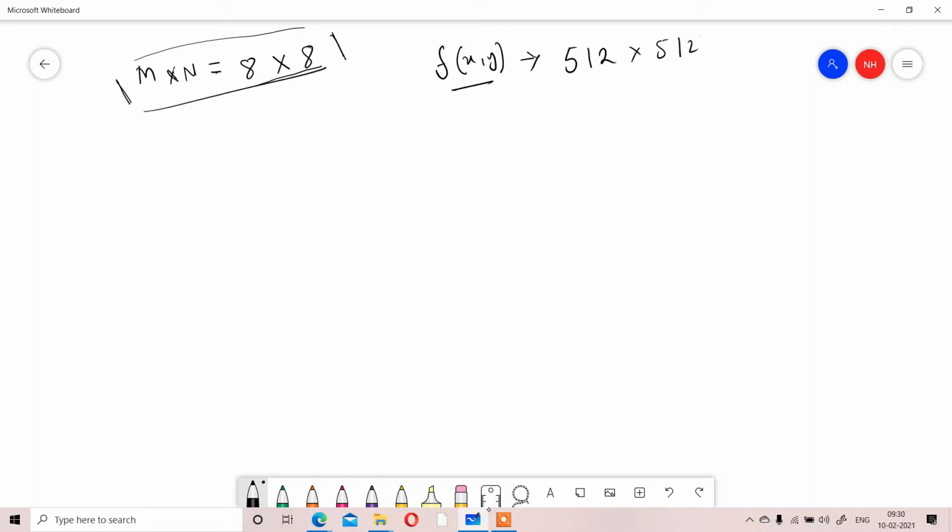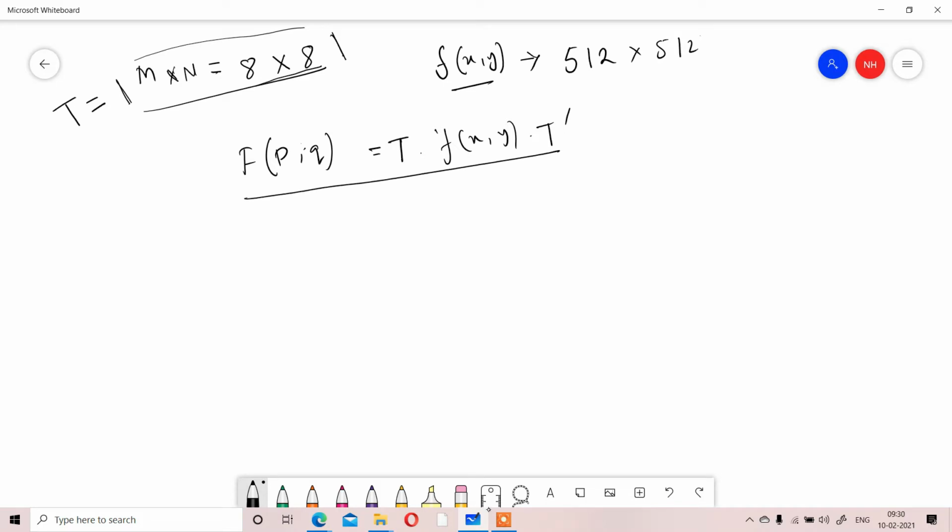The transformation matrix is defined by T. So fpq will be T into fxy into T complement, as we know from the previous classes. That is the formula. T is of size 8 cross 8, and fxy is of size 512 cross 512.